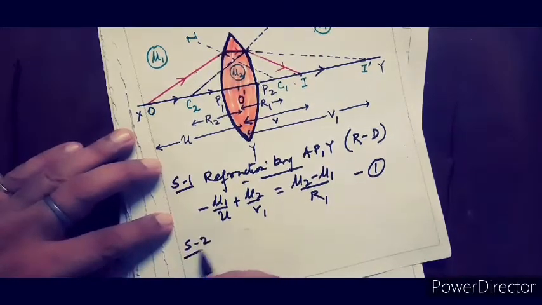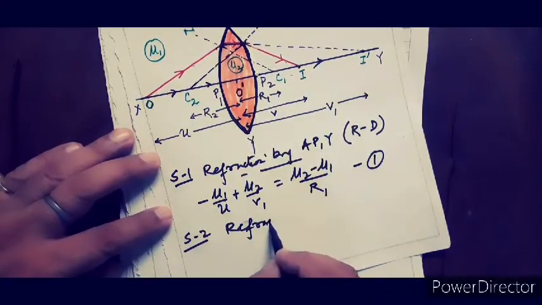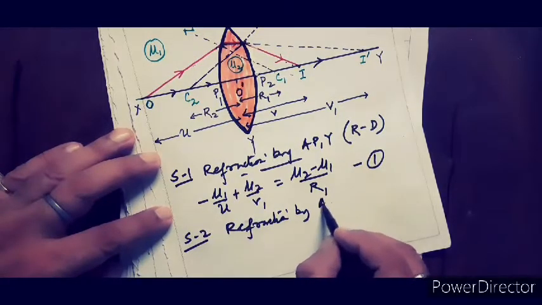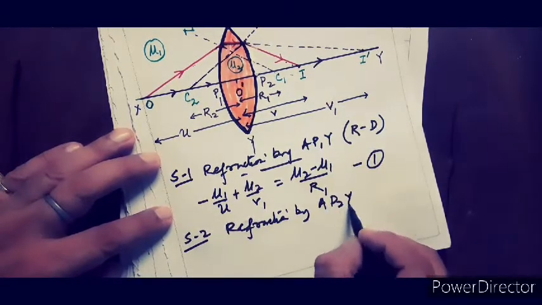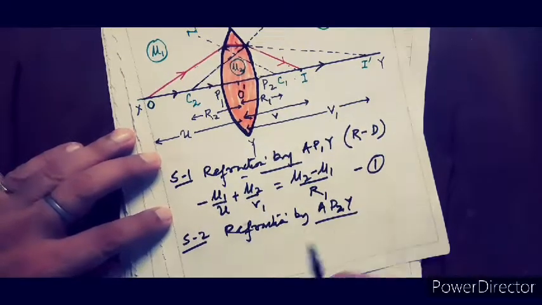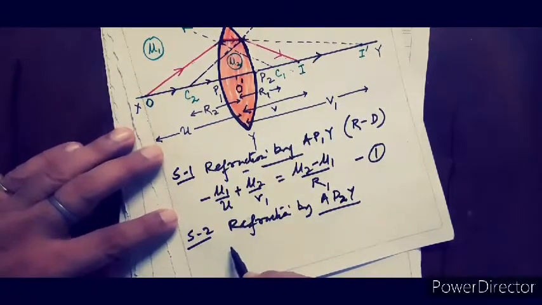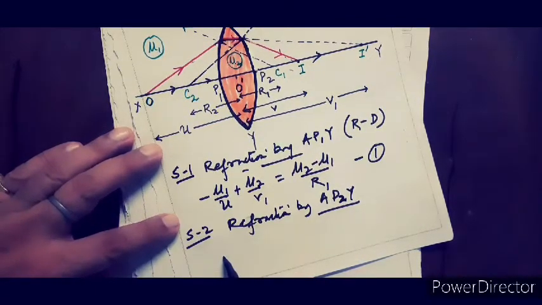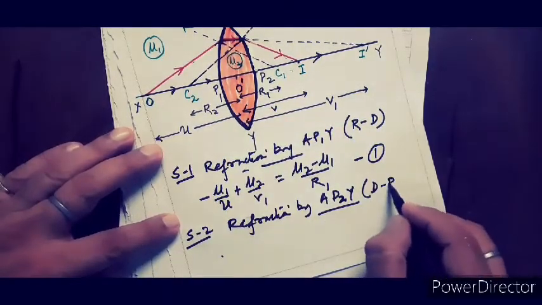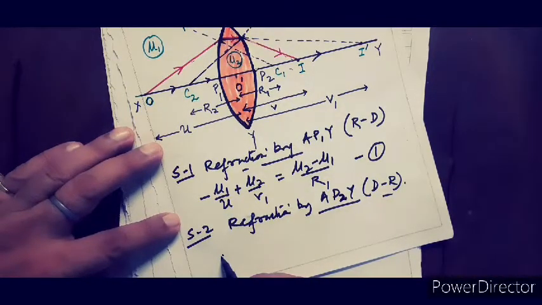Step number 2, refraction by second surface A P2y. Again the same type of expression we have to use here. Here we will get the refraction from denser to the rarer medium, and how to write it?